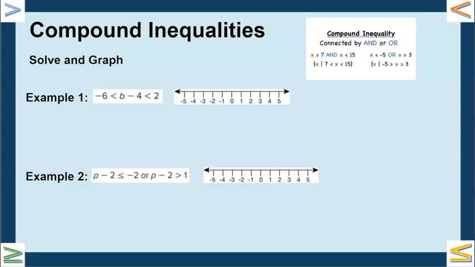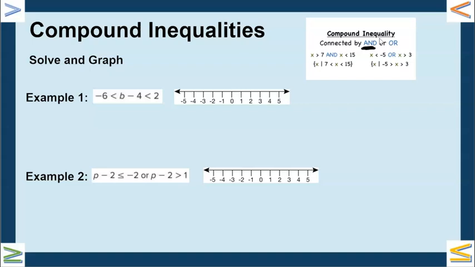So example 1, here we have b minus 4 is less than 2, but greater than -6. Now, there are two different kinds of compound inequalities. You have a conjunction, which uses the keyword and, or you can use the abbreviated form like this one, or you have a disjunction.